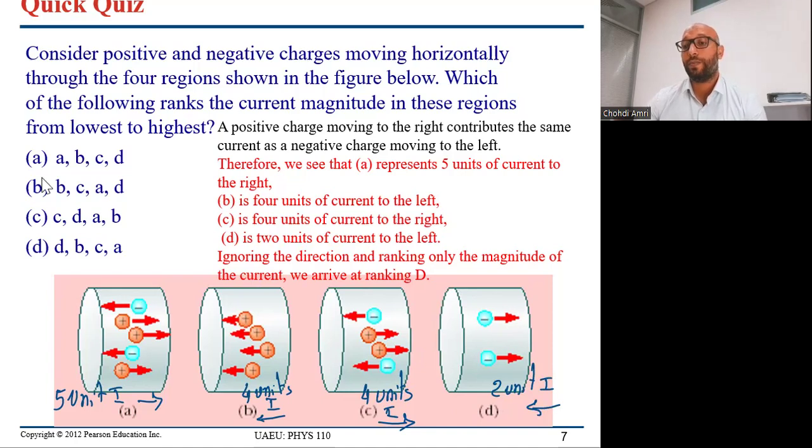Now we can rank from the least to the highest. Which one is the least? It is D. Let's check, the answer A is wrong. So D, and then we have 4 units to the left, 4 units to the right. Whatever the direction, because here we're talking about magnitudes, we will take B equal to C. And here we have 5 units, so it's larger than B and C. And the correct answer is D.